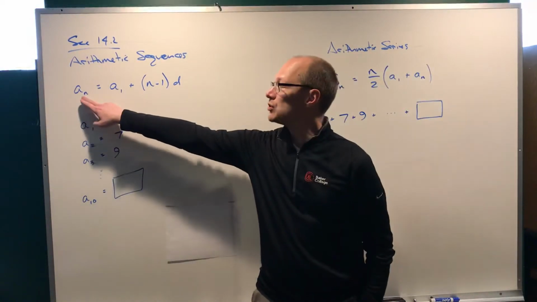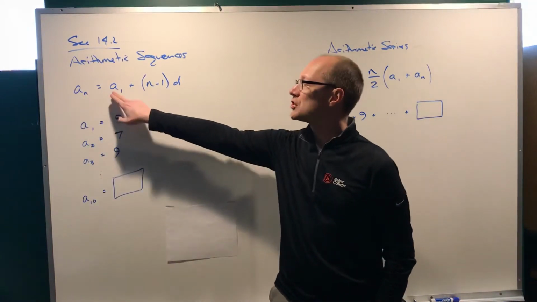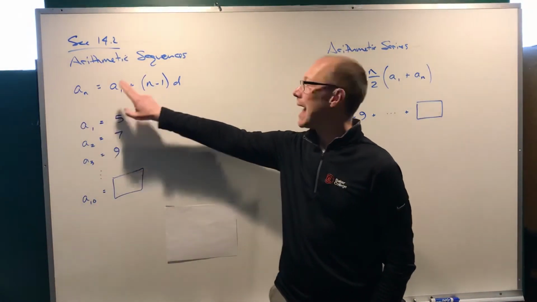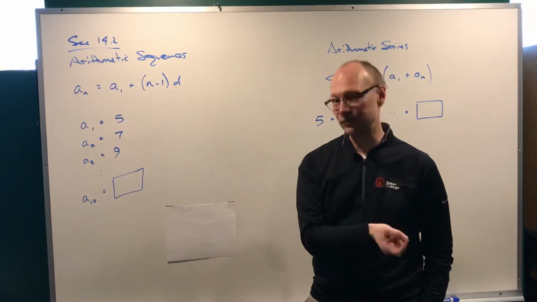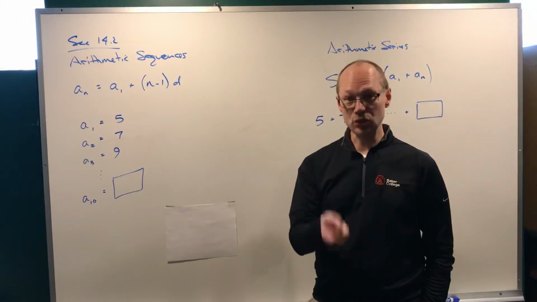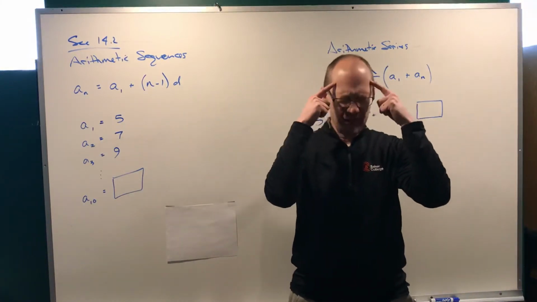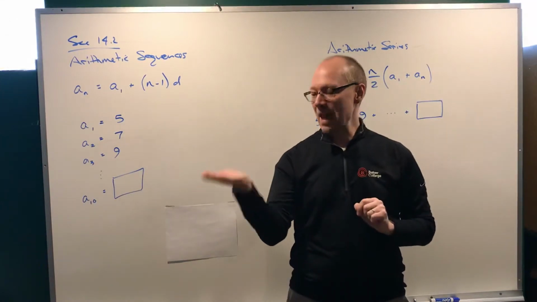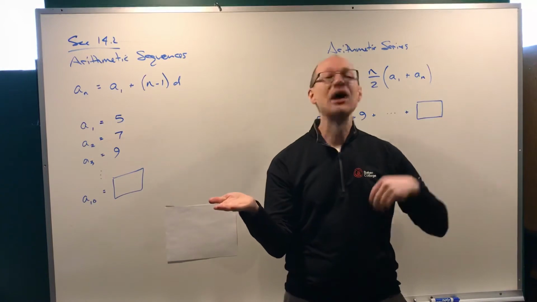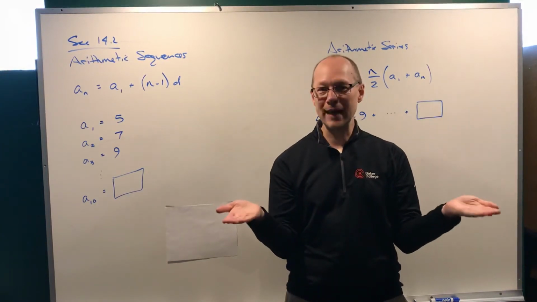If you want to jump to your nth term, maybe your 10th term, we'll start with the first term and add a whole bunch of d's, d for common difference. Well, the difference is 2, right? Think about this for a second. It seems odd until it just obviously makes sense. If I am at term number 1 and I want to get to term number 10, how many differences do I add?